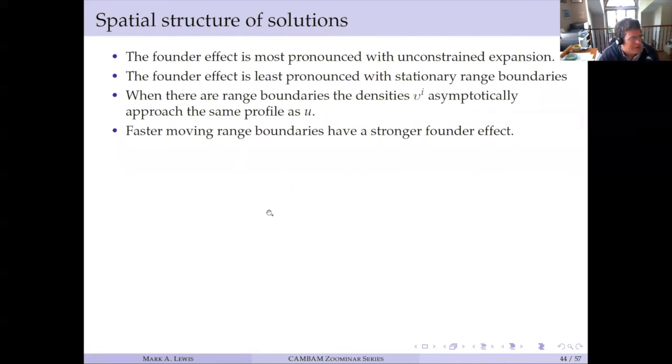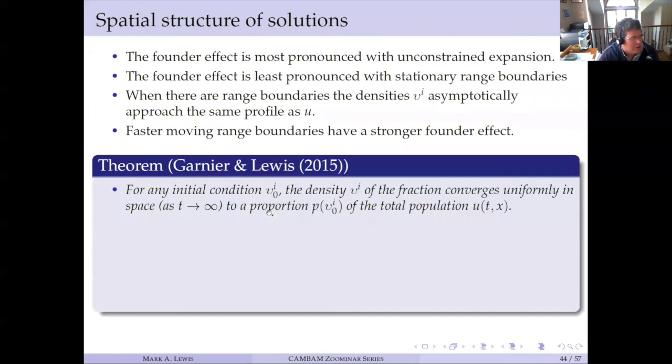It turns out, I shouldn't really call this a theorem. It's more like a corollary of the earlier work. We can reapply the methods that Garnier and Roques used to look at population spread, and there's a very similar result that pertains. This result is like the result for the Lie dynamics.